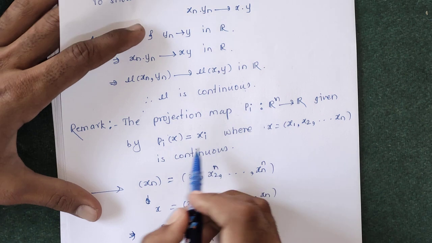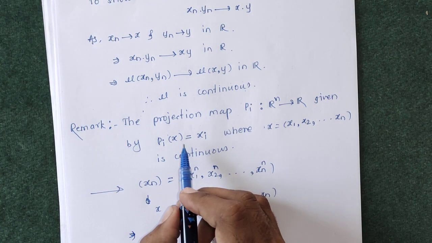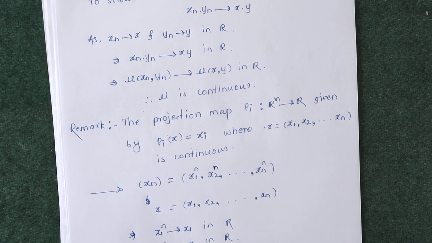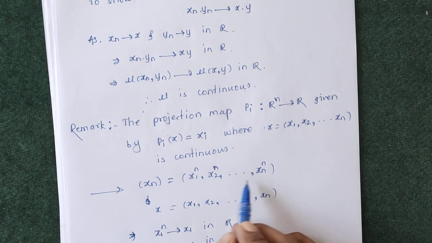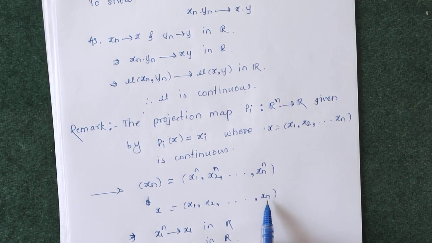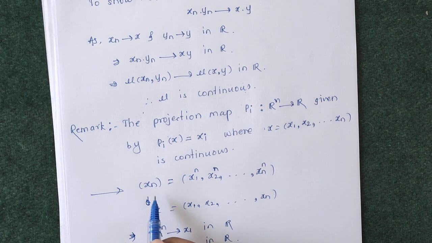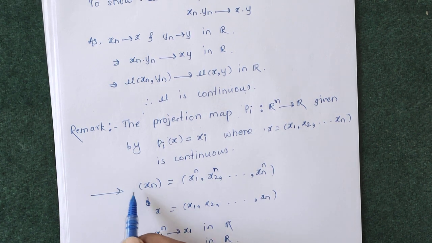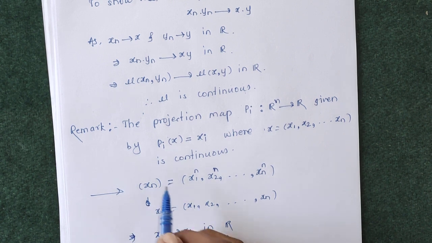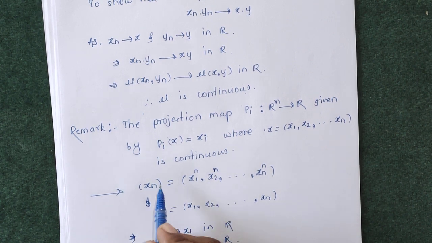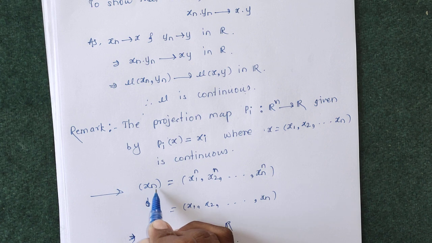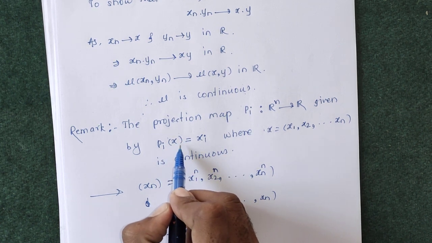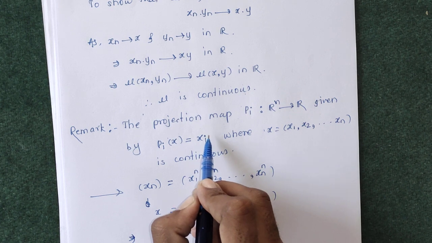So the function is defined as pi of x is equal to xi, and we have to prove that the image of this sequence converges to this element. If we apply the function on xn, then pi of xn means xi to the power n. Here pi of xn is equal to xi to the power n.